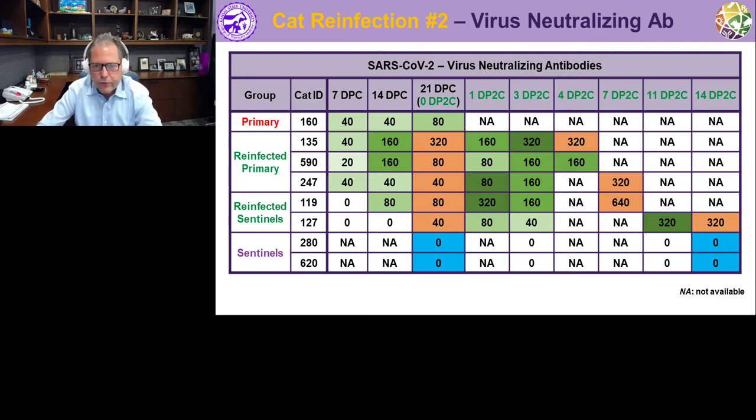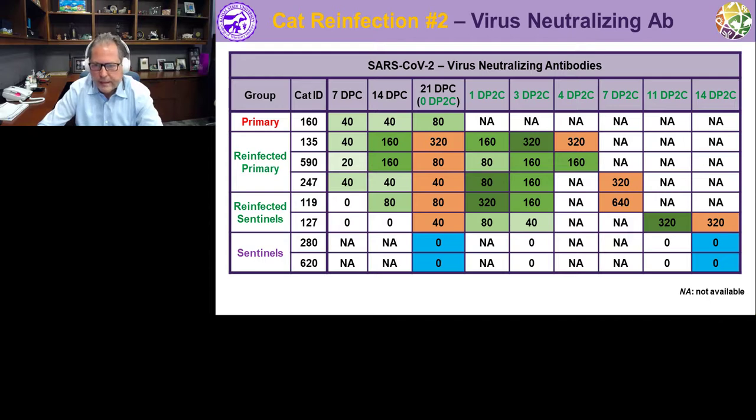And when we looked at the time of necropsy, they still had antibody titers at day 4, the 2 animals, at day 7, the 2 animals we necropsied, and at day 14 post-secondary infection. And none of our sentinels, however, seroconverted.